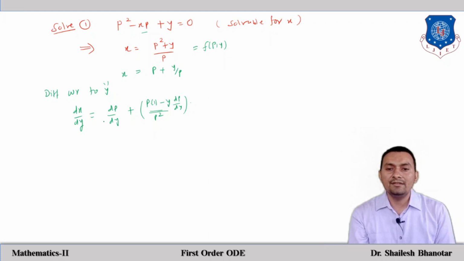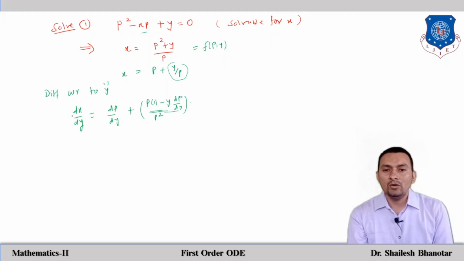dx by dy is equal to dp by dy, and applying the division rule here: first the denominator squared, denominator is there, derivative of the numerator with respect to y, so it will be 1, minus numerator is there, derivative of the denominator, that is dp by dy. Now we know that dy by dx is nothing but p.